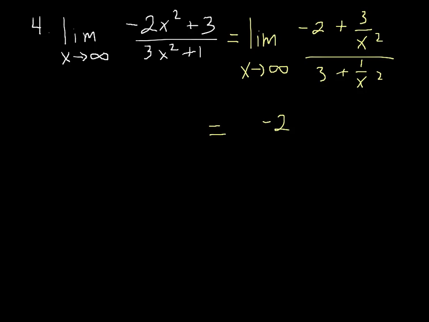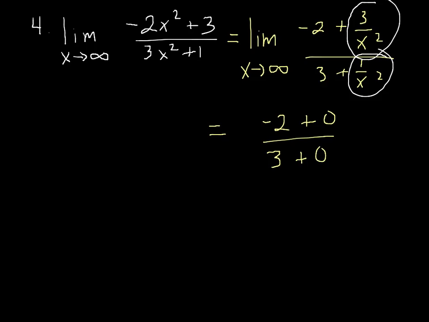The limit of the 3 divided by x², the limit of this piece right here, as x goes to infinity, is going to be 0. The limit of 3 is just 3. And the limit of 1 divided by x², that's also going to be 0, which means the value of my limit is negative 2/3.